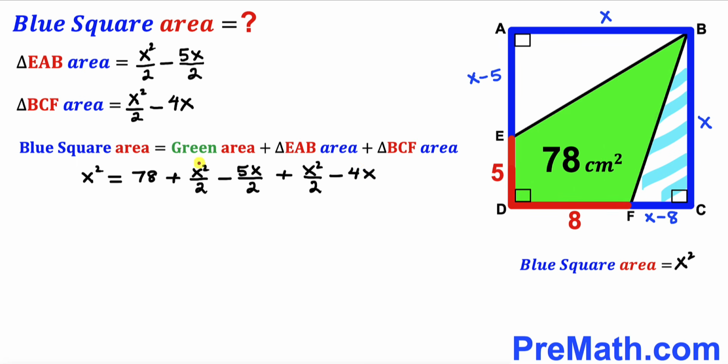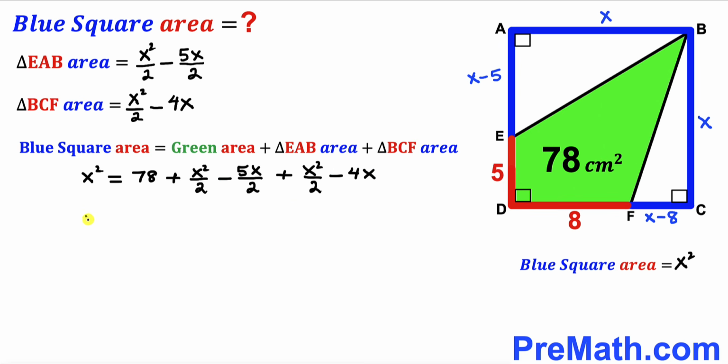Now let's make an observation. We can see x squared divided by 2 and x squared divided by 2. When we add them, that simply gives us x squared. Likewise, if we combine negative 5x divided by 2 and negative 4x, that gives us negative 13x divided by 2.